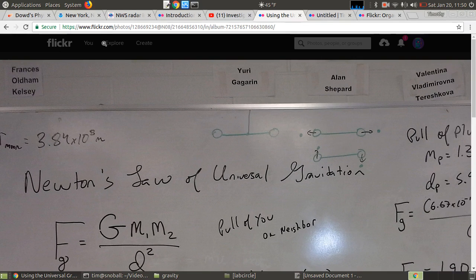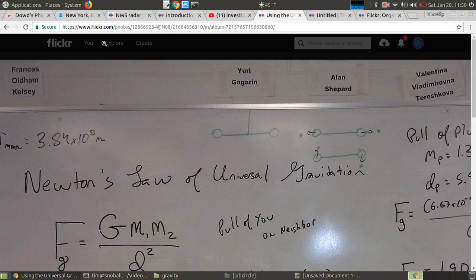Let's look at Newton's law of universal gravitation. Here's the equation for it. And as I said before, Newton's law is that every two objects with mass in the universe attract each other. The equation shows what matters. The big G here is a constant, kind of like pi. It's in the equation, it's just a number, and it's in every Newton's law calculation there is.